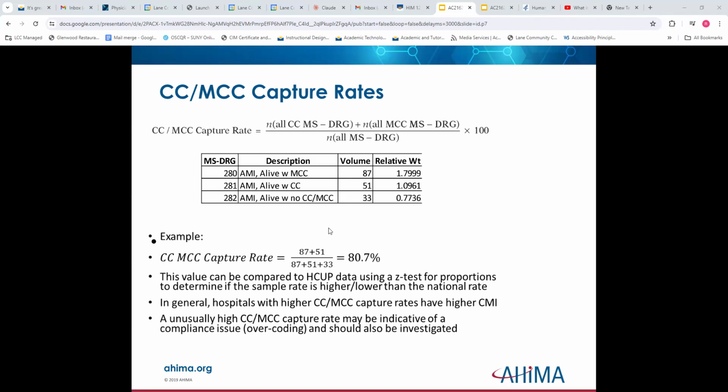So in this case, as you see in this bullet point over here, we have a volume of 87 with an MCC, 51 with a CC, 33 without anything. So we have 87 and 51 as the numerator. And then the denominator will include all the MSDRGs. And then we wind up with our 80.7%.